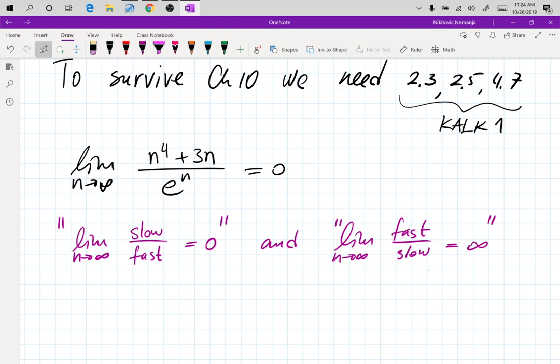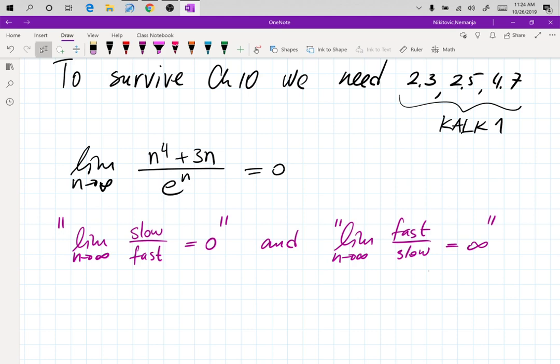Now, the slow and fast are different types of functions. It doesn't work if you are comparing e to e, because you have the same growth rate. These are different growth rates between polynomial functions and so on. Now we will expand on it as we go through chapters here.